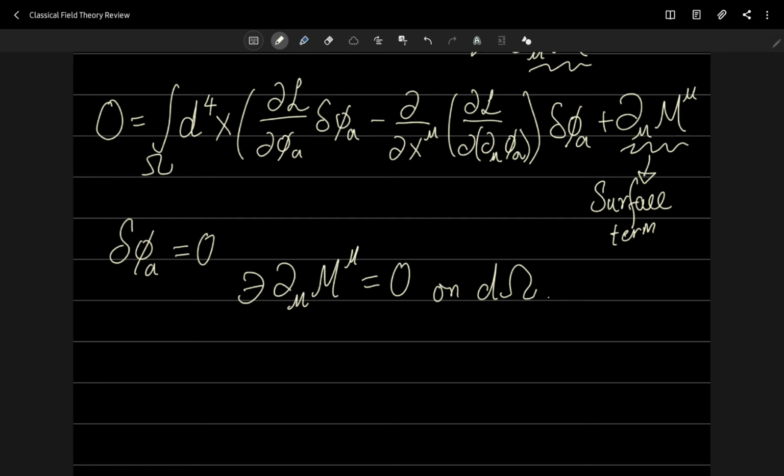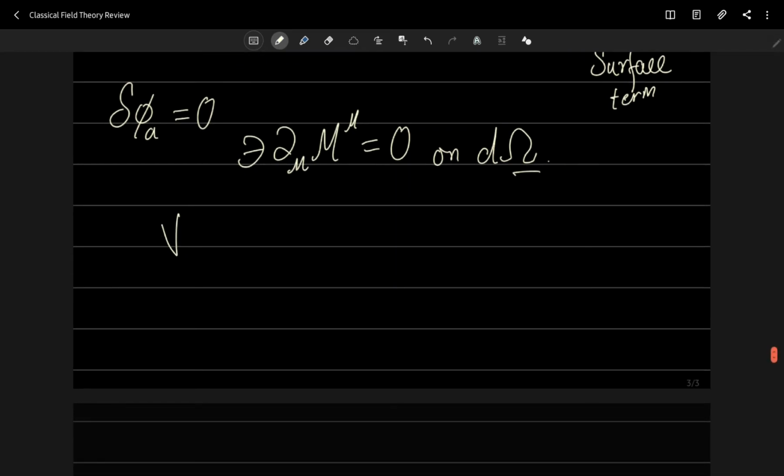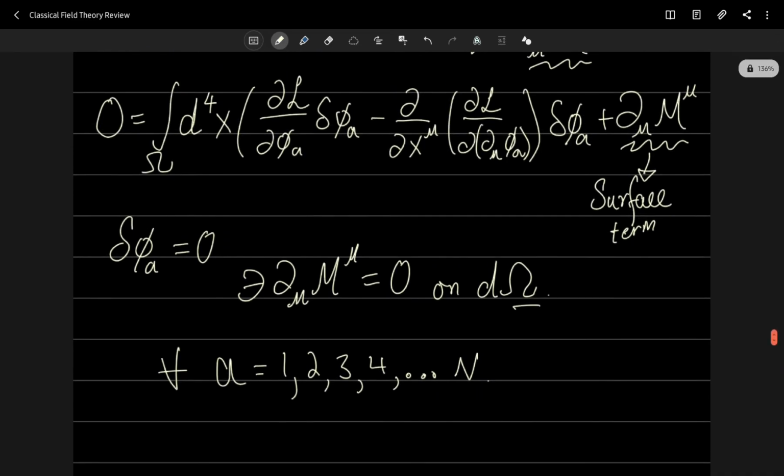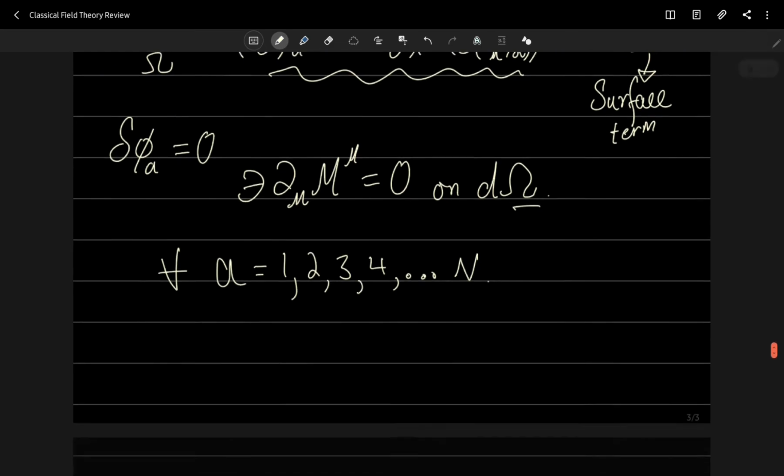Now since the action is stationary with respect to all variations of the fields, delta phi a, and admissible space-time regions omega, the integrand of the remaining terms must also vanish, for all a, that could be 1, 2, 3, 4, and up to n. And therefore we obtain our Euler-Lagrange equation.